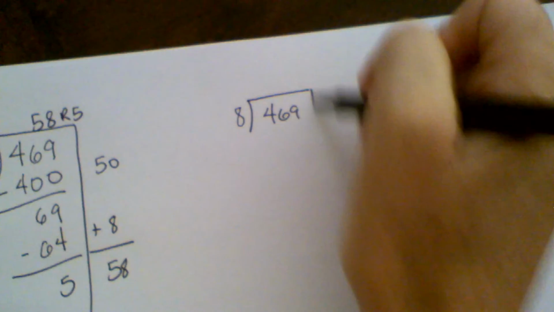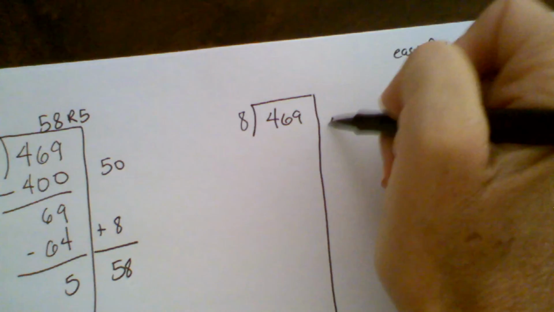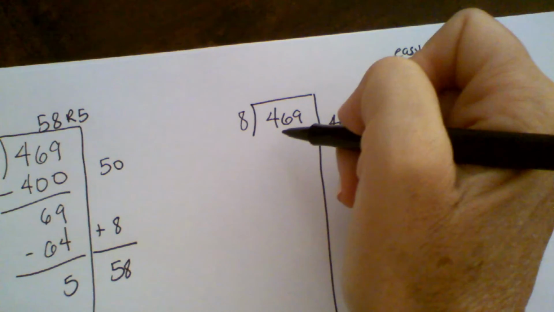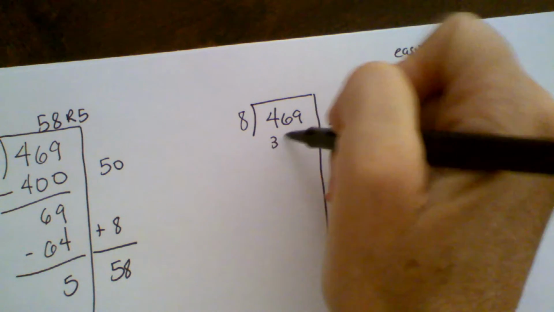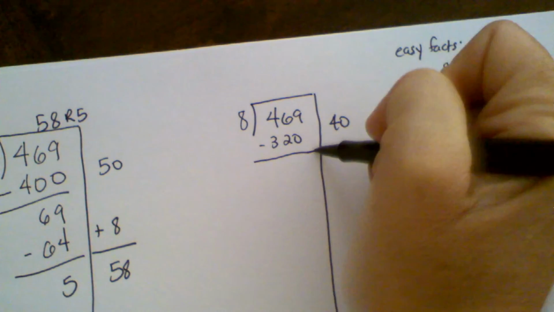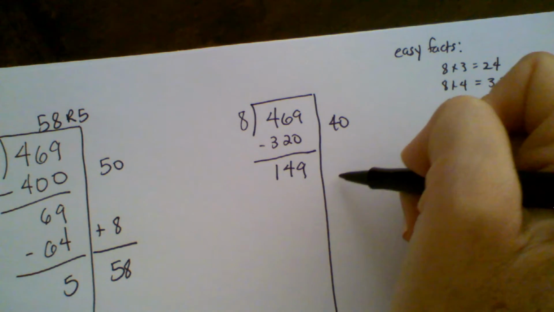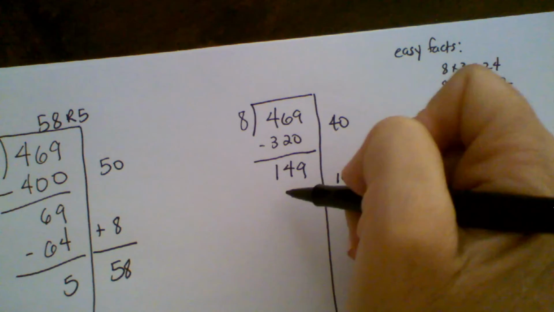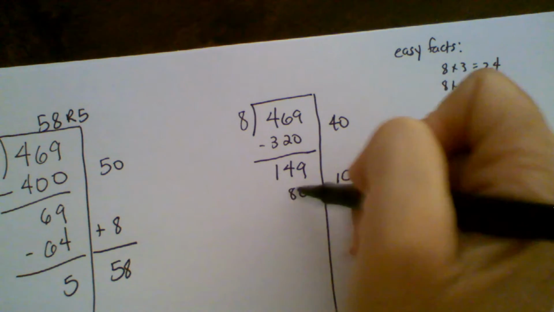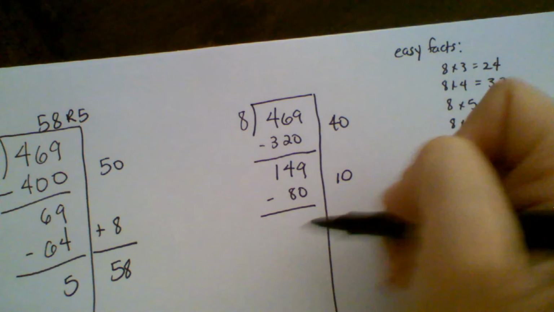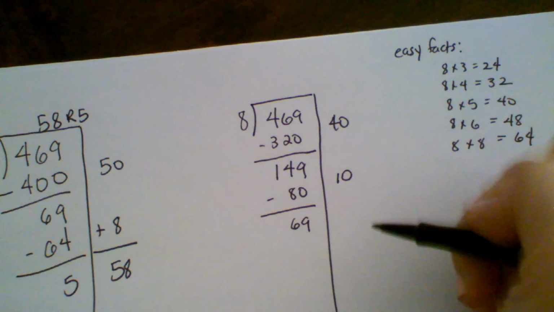But I want to show you what you can do with partial quotients. Sometimes you try different numbers, and you can keep trying until you get that number lower than the divisor. So I started with 40. And I know 40 times 8 is 320. I put that in. I subtracted.